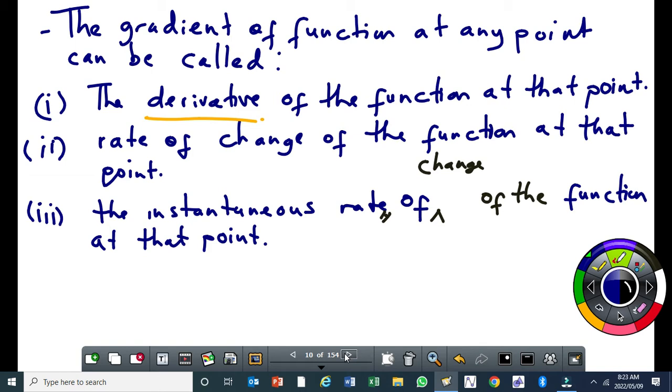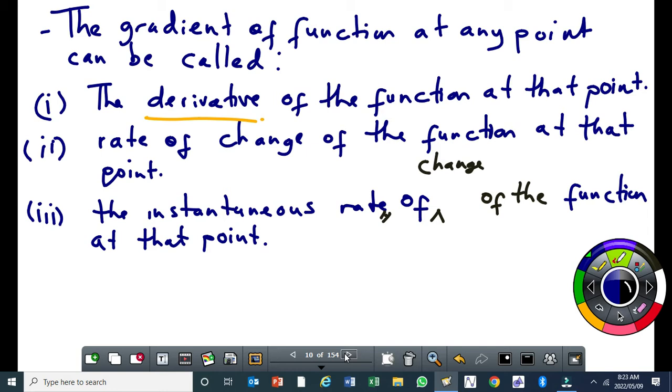In rare cases, you can be asked to determine the gradient of a linear function. Sometimes you may be required to determine the derivative from first principles of a cubic function. So you're most likely to encounter quadratic, hyperbola, or cubic functions.